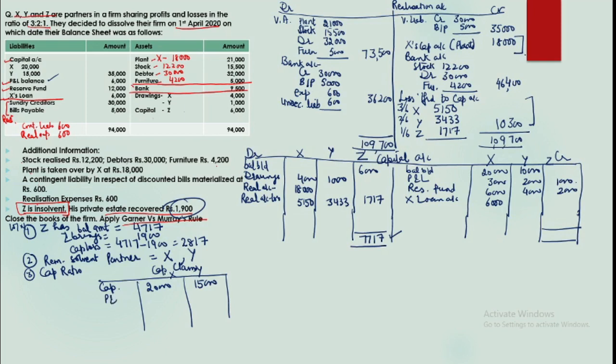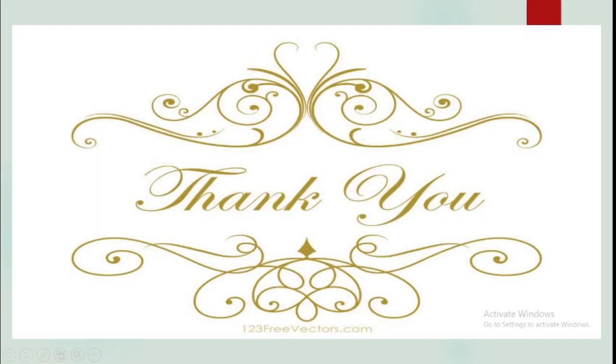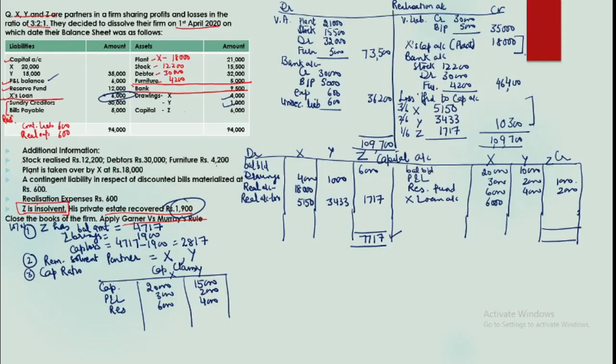They have P&L balance of how much? 3,000 and 2,000. You have reserve here 6,000 and 4,000. Okay, loan will not be considered because it is not capital. Drawings 4,000 and 1,000. So on the other side we have drawings. So if you have any loss or accumulated expenses, these will also be considered. So how much is the capital claim?